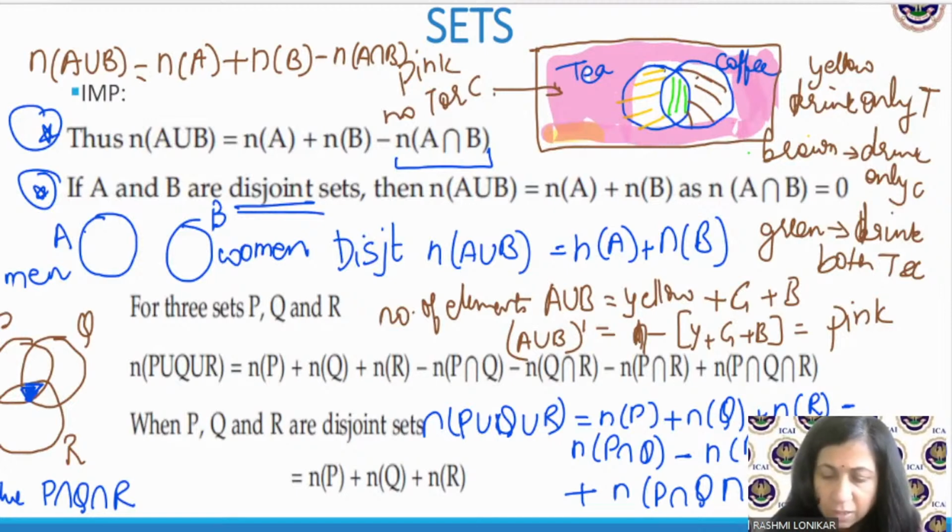Yes, Alpitanga, green is when they are liking both. Mahek, the diagrams will not come for drawing in the exam, but when you're solving the problem, sometimes just drawing the Venn diagram becomes easy for you to be able to calculate. Okay.